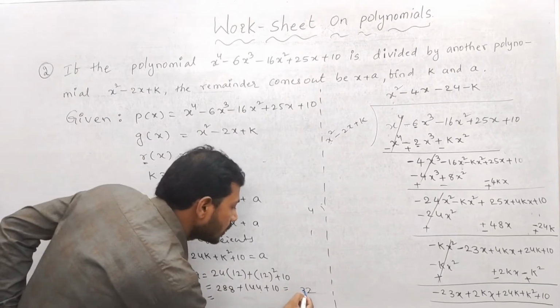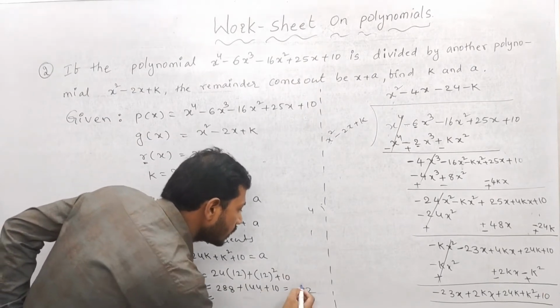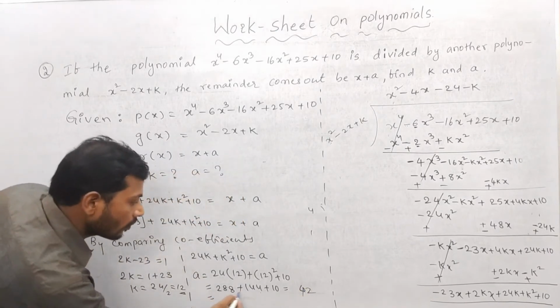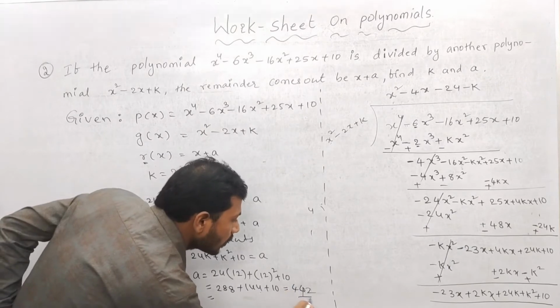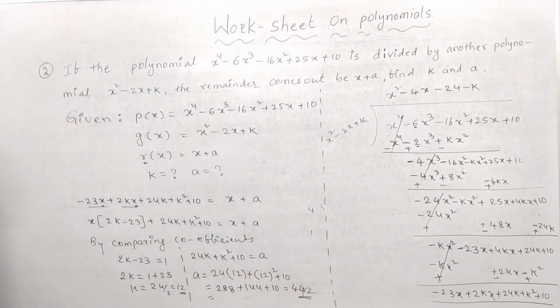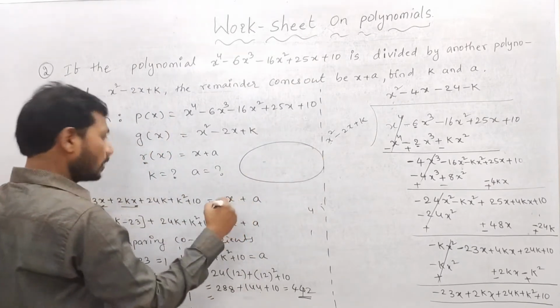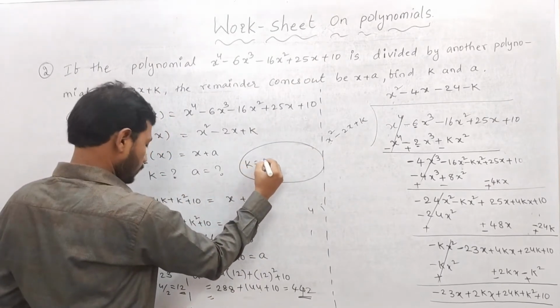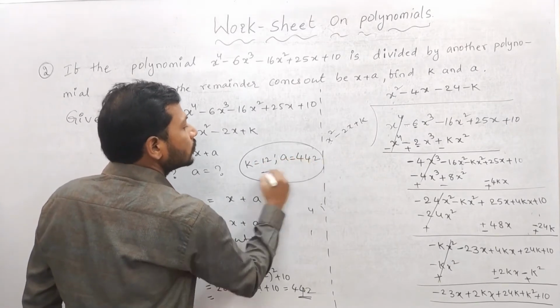Then I am writing here 3. 13 plus 1 is there here. Then 14. Then I am writing 4 here. 1 plus 1, 2 plus 2, 4. Answer is what? 442. Then finally, what did you get? The answer is, I am writing here, children, I got k equals 12 and a equals 442.